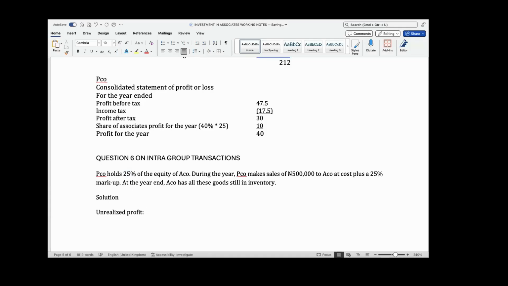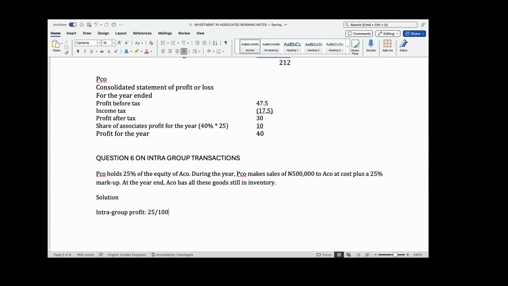So here now, the unrealized profit, the intragroup profit, is 25. Is it going to be over 100 or over 100 plus 25? Which of it? It should be 105.